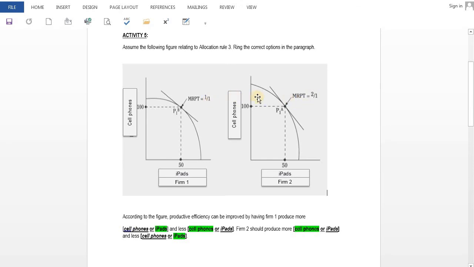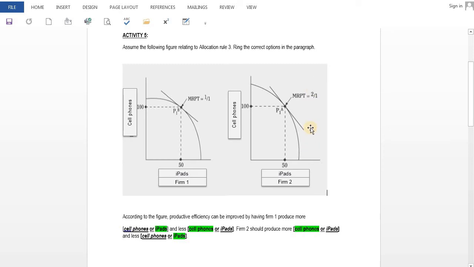If, for example, I were to change this and make firm 2 become firm 1 and firm 1 become firm 2, then this whole specialization in terms of which product the firm should produce more is going to be determined by you just looking at this marginal rate of product transformation, or the ratios.